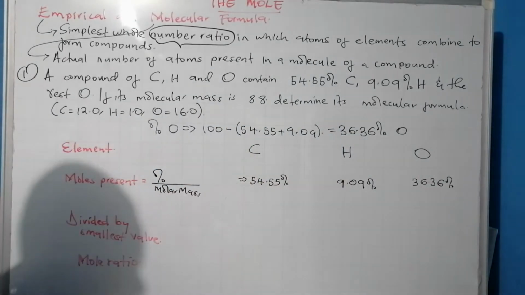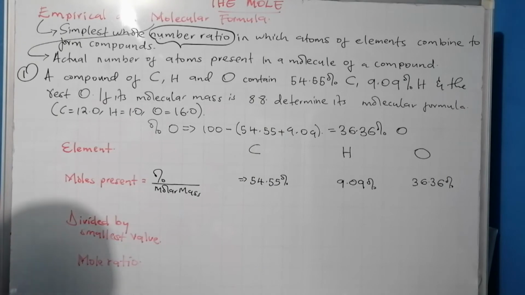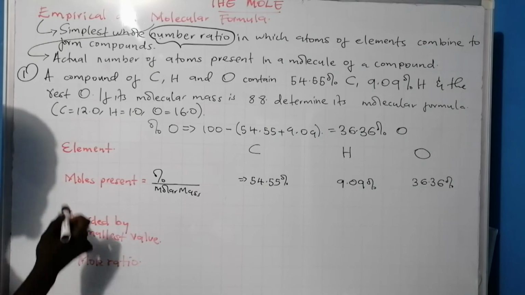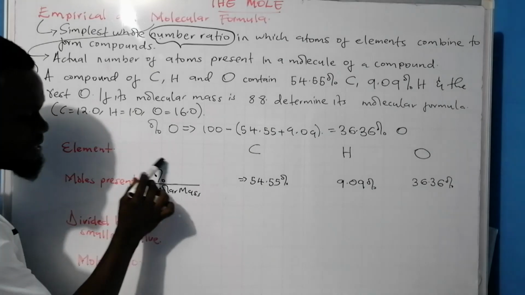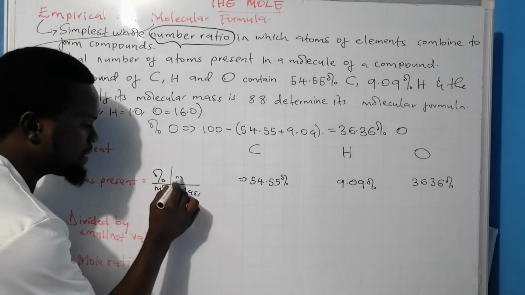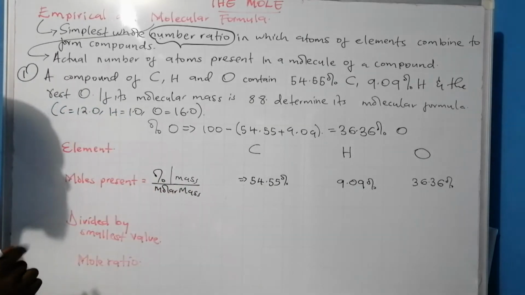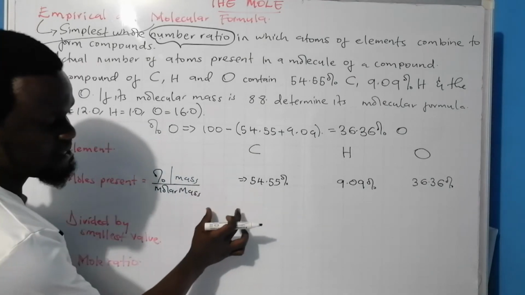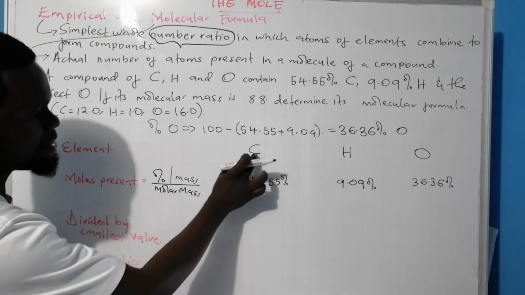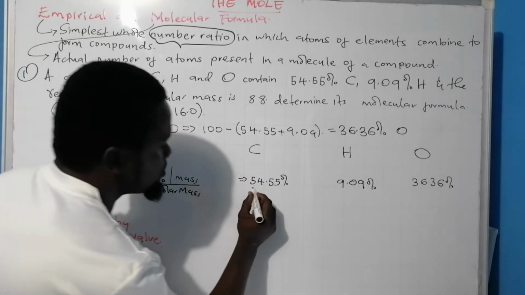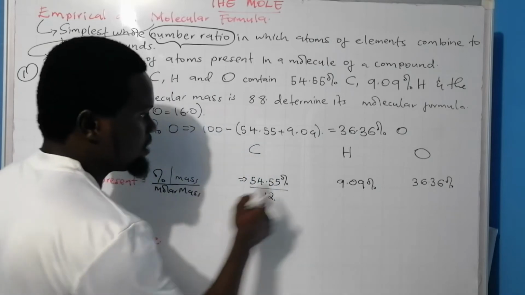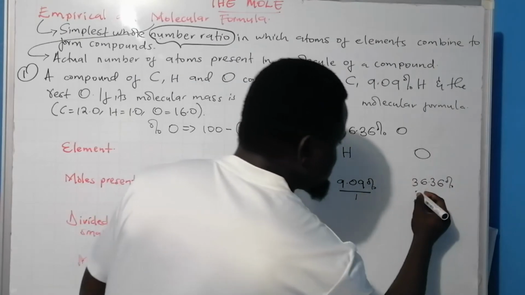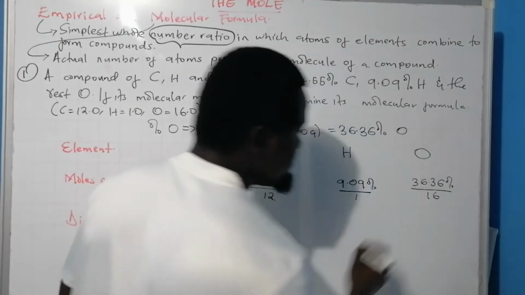So if I have the percentage of all the elements that I am told or given, how do I get the number of moles of each and every atom? The number of moles is found by percentage or the mass over the molar mass of that particular element. Now, if I have the masses in terms of percentage, the molar mass of carbon, I'm told, is 12. So I divide this one by 12. The molar mass of hydrogen is 1, divided by 1 gram per mole. The molar mass of oxygen is 16.0.